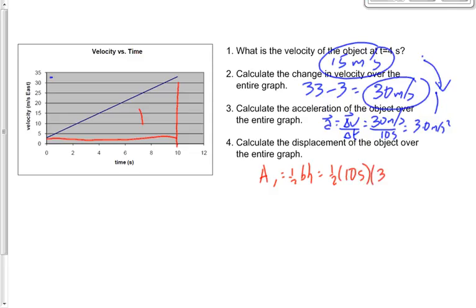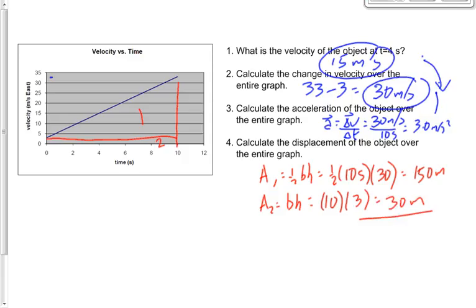The height is 30. But then there's a rectangle down below that we also have to include. This is going to be base times height, or length times width. 10 times 3. The height is 3. Both of them are positive, right? Because they're both above the x-axis. Add them up and you get 180.